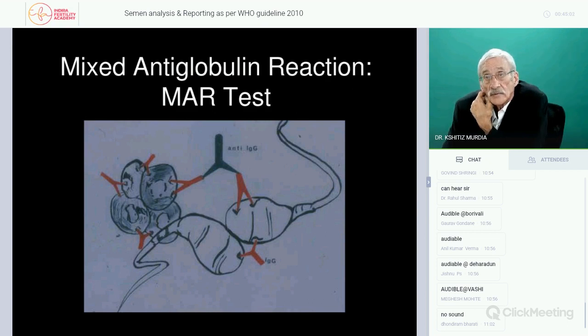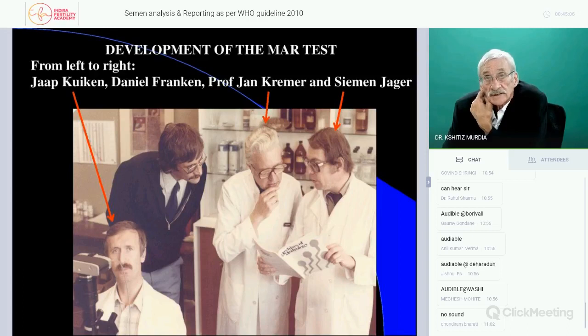So we performed, or developed, that test. Here you can see one of the technicians, Professor Kremer. He was the director of the laboratory, and I was still a young guy, as you can see, no gray hair.